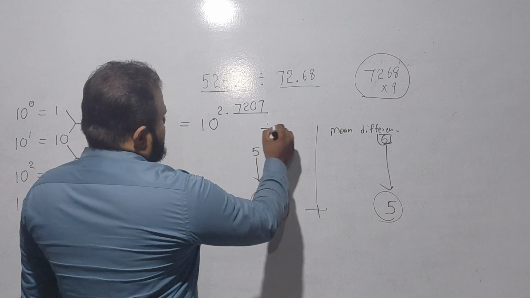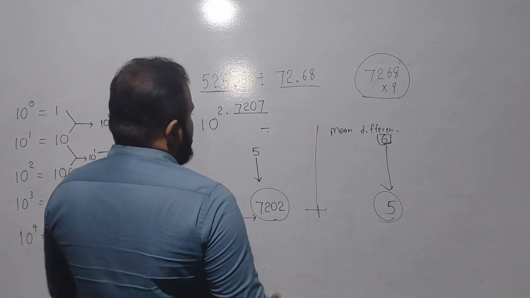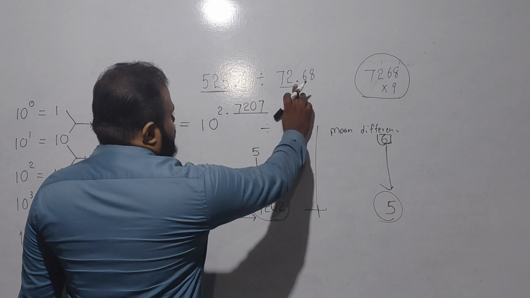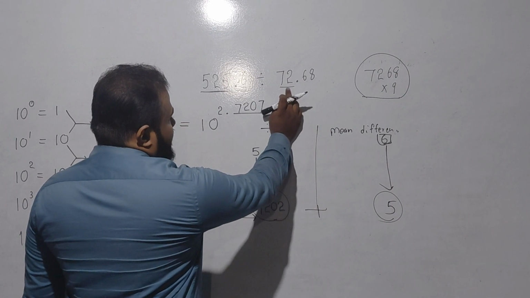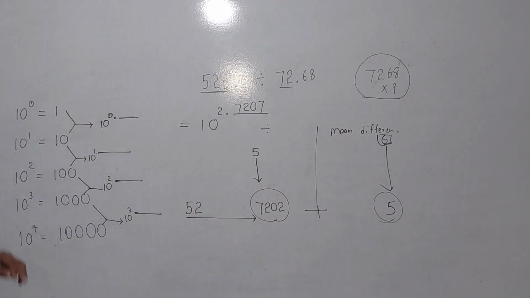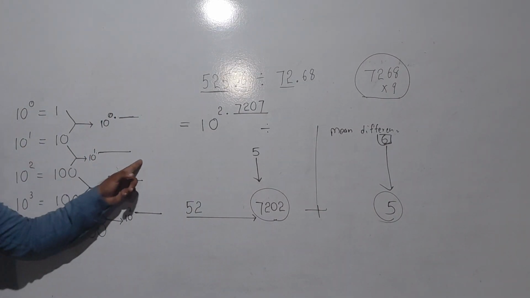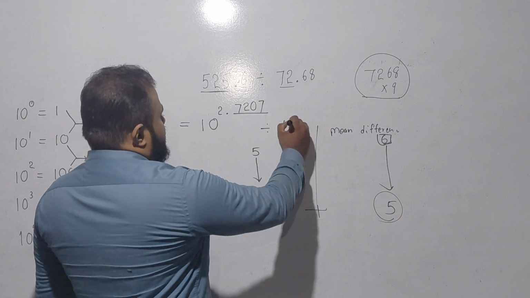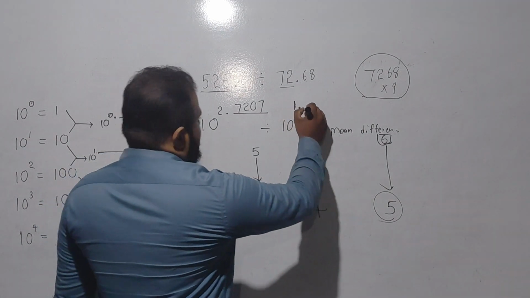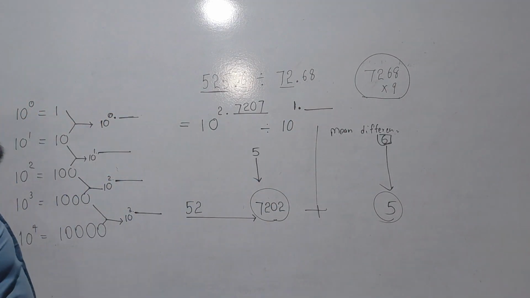Divided by 72.68. This 72 is a value between 10 and 100, so it should be 10 to the power 1 point something. How to find that value?